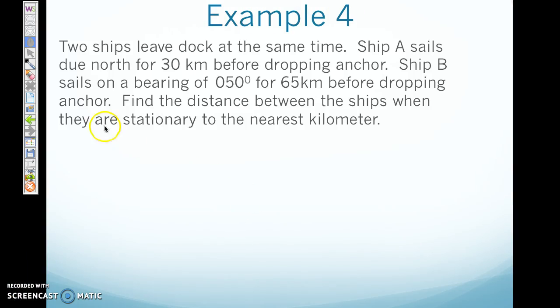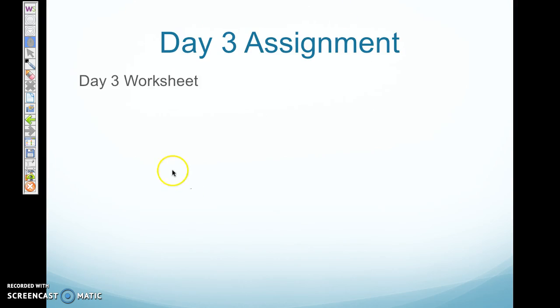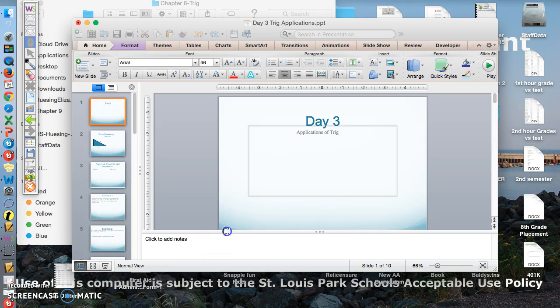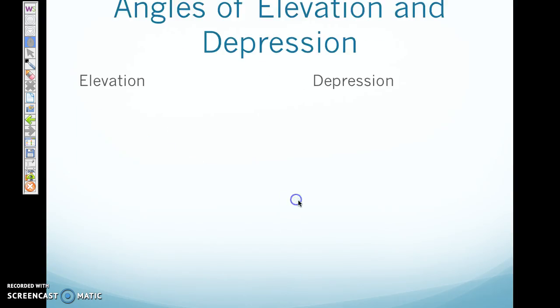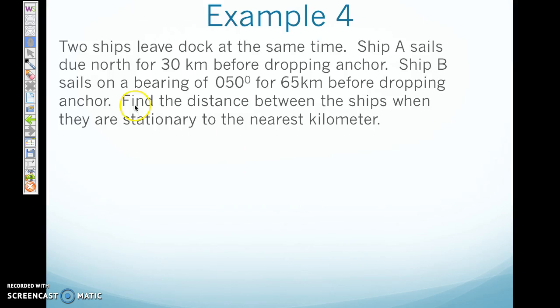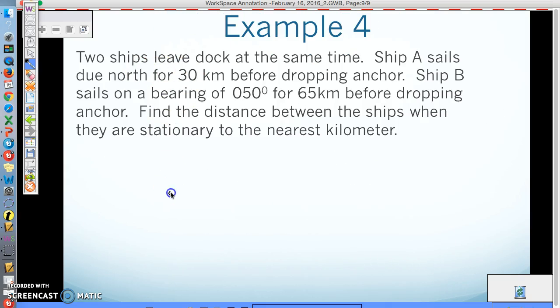So the final one that we're going to look at here, we have two ships leave at the same time. Ship A sails due north for 30 kilometers. So, whoops, lost that. Let's see if we can get that again. Here we go. So it's just sailing due north for 30 kilometers.